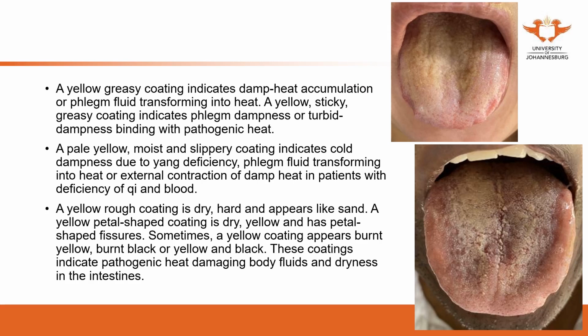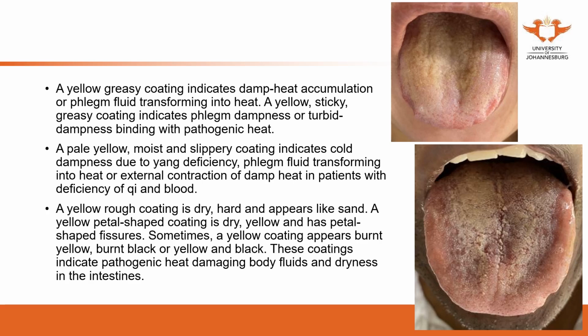It can be a white coating, but it is changed to yellow because of the food or the medicine. If they say no, then it is a true color. Then you also need to think about what's the cause from the opposite signs. A pale tone with a yellow coating.